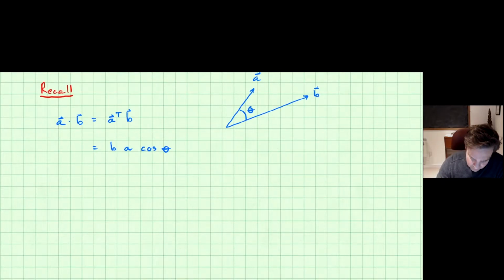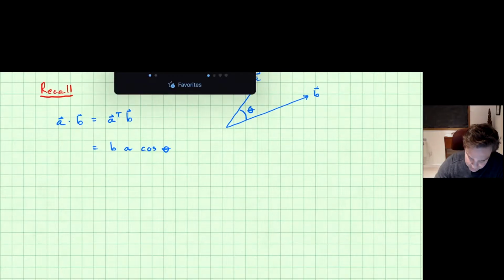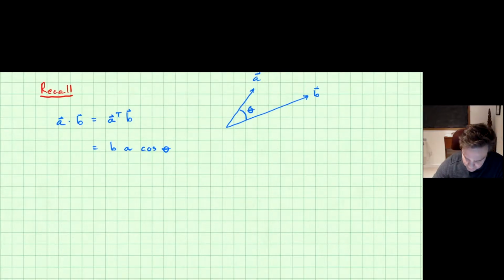I want you to pay attention to this term here, A times cosine theta. Let's create a right triangle like this, with a 90-degree angle where I put the little box. Then the hypotenuse of that right triangle is the length of the vector A, and A times cosine theta is this length here.